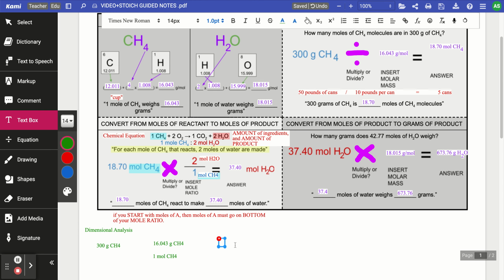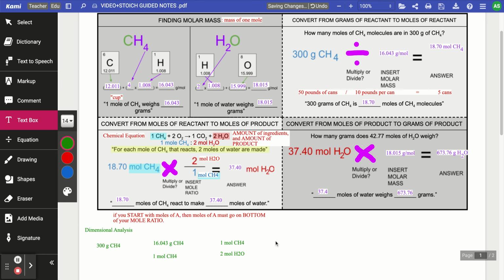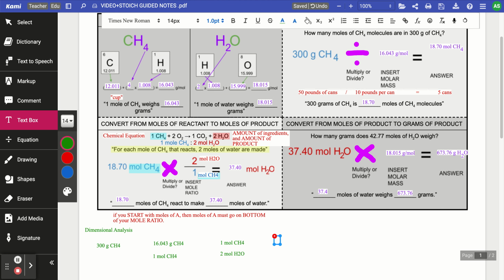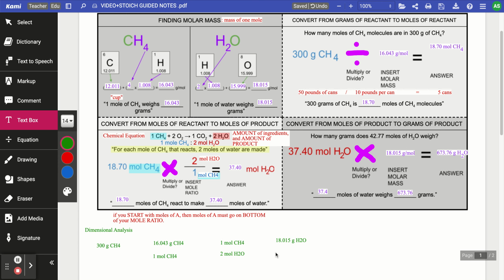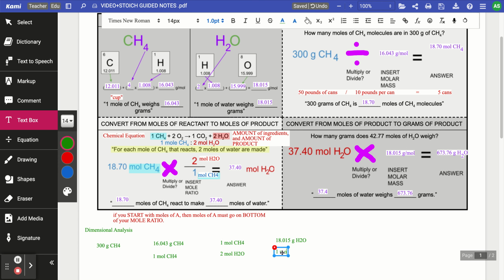I would say that 1 mole of methane creates 2 moles of water, reading that off my equation there. And I know that my other molar mass is 18.015 grams of water is 1 mole of water.